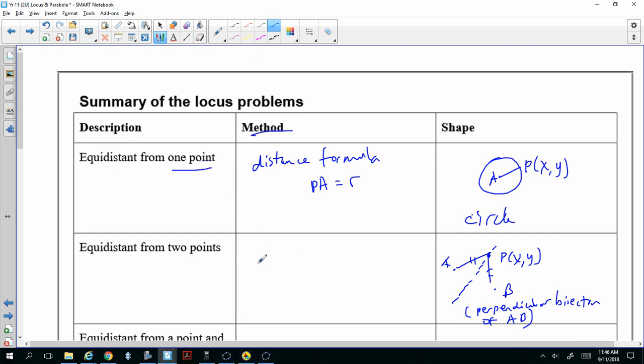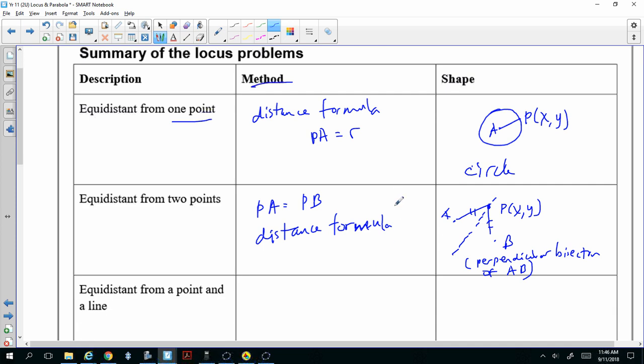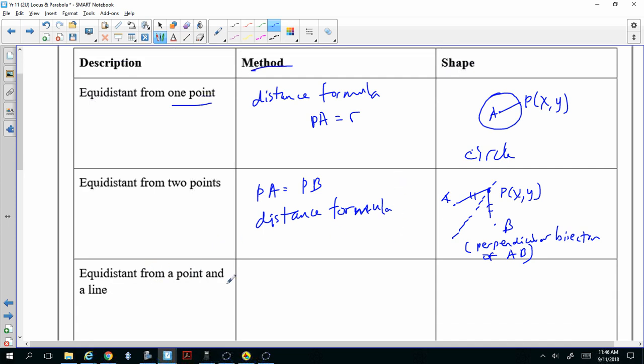We also saw equidistant from a point and a line. We saw that in the other example. Let's use a different color so you can see the point and the line.